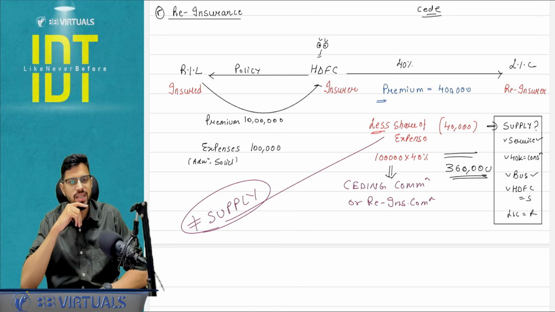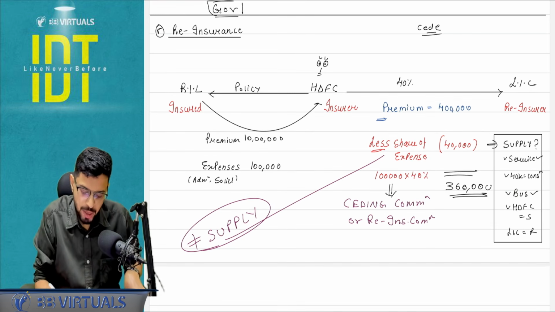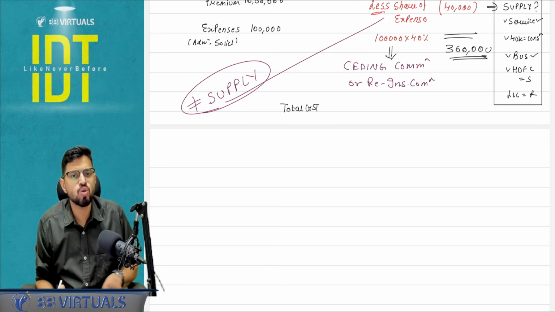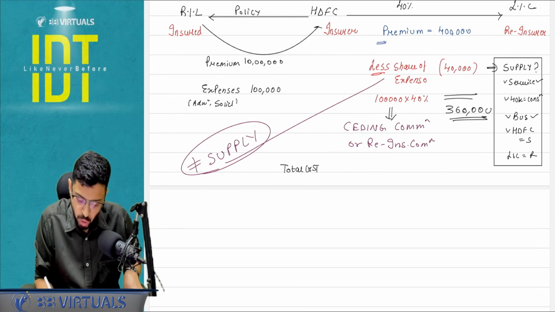How much is the total GST involved? Absolutely correct, Gayatri. It is 2,52,000. 10 lakh into 18%, we are taking the rate as 18%, plus 4 lakh into 18%.